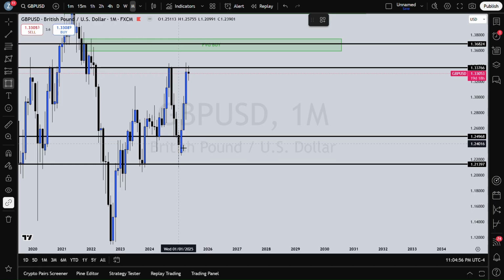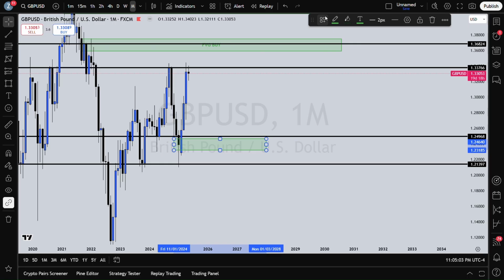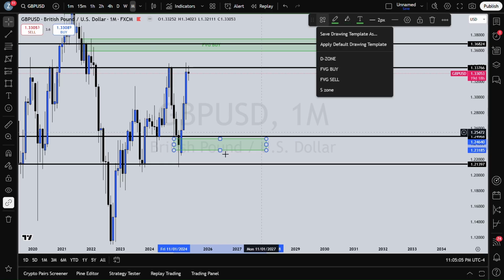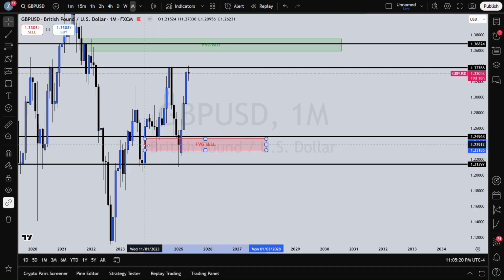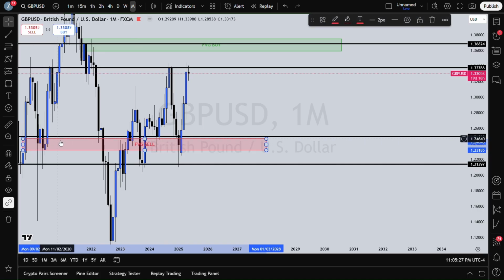Even though this right here is not a complete double top or double bottom, I still highlight these zones because it's still indicating I have that fair value gap as well as that bottom forming. So it gives me an indication that regardless, that area is going to show some form of rejection in some way, shape, or form, especially when we extend this back and we see in the past that there has been rejection in this area.